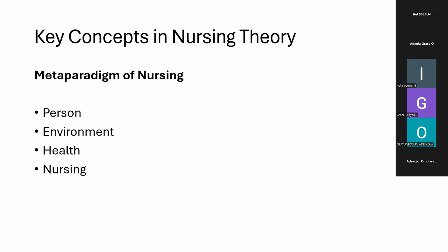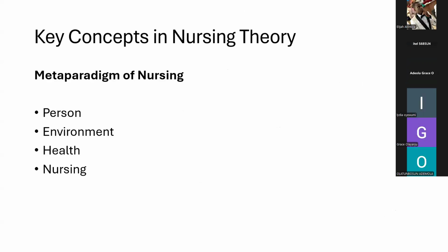We have all these humanistic theories. All right, let's go to the meta paradigms of nursing. Then we'll now talk about the connection among all the things we've been saying since morning. There are 4 meta paradigms in nursing. Of course, they are proposing a 5th meta paradigm.